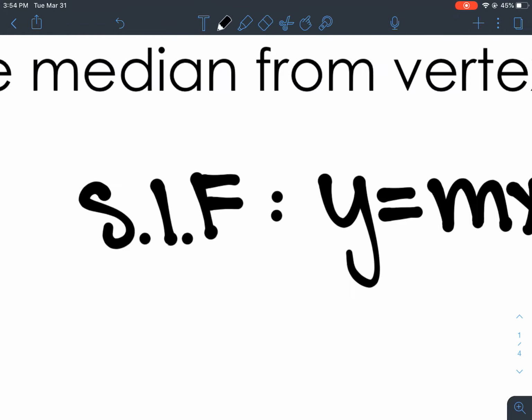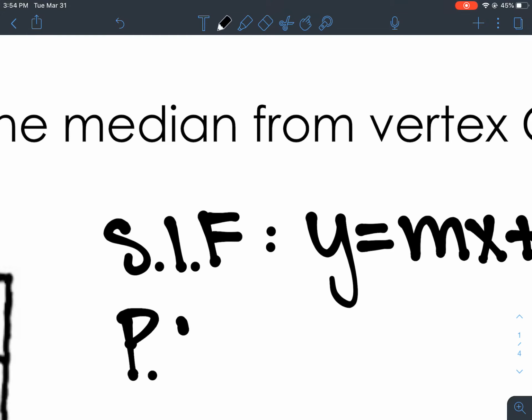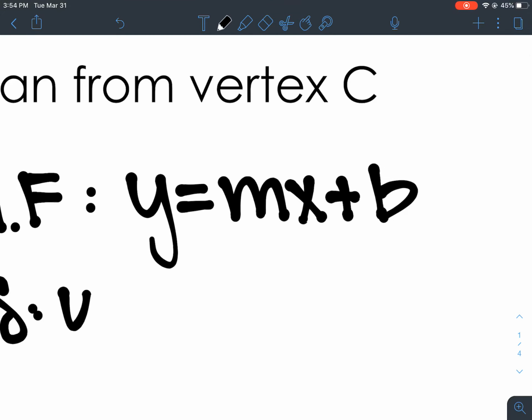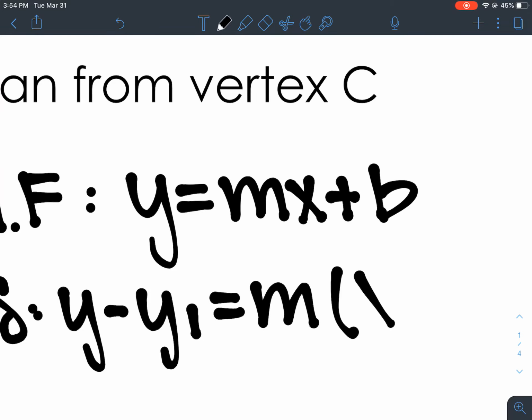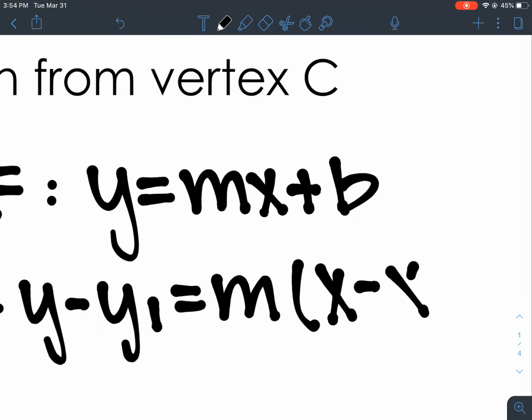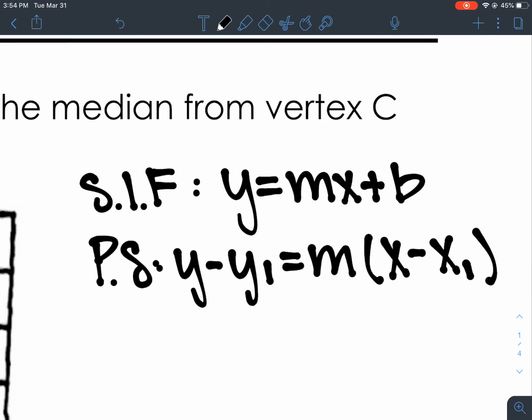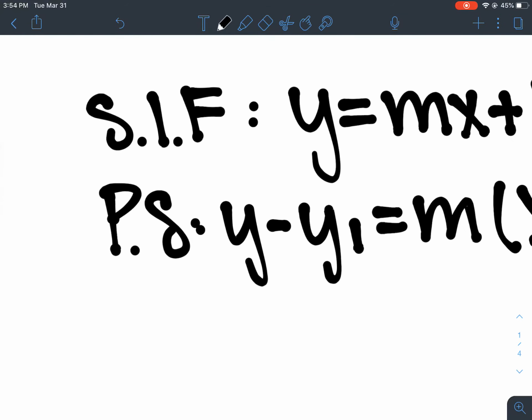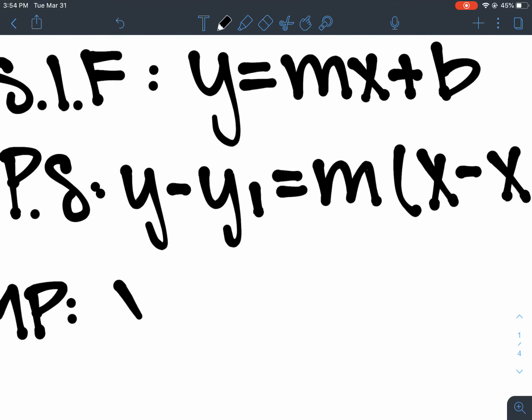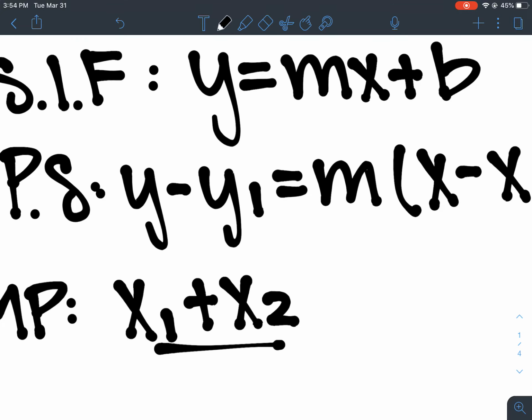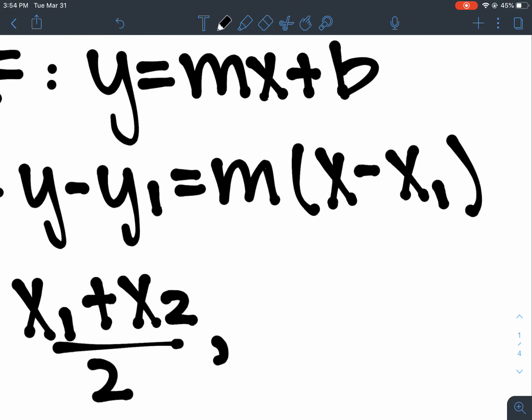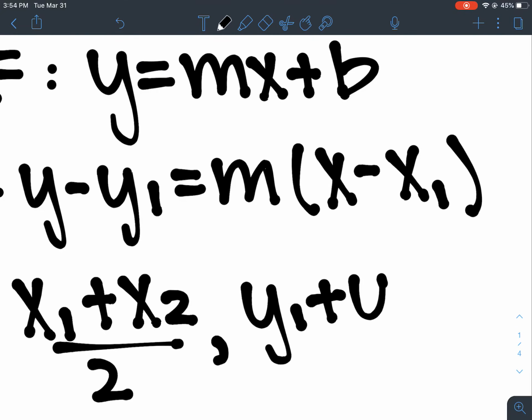Okay. So talking about point slope, my point slope form is y minus y1 is equal to m times x minus x1. Okay. We are going to be using the midpoint formula. We're going to do x1 plus x2 divided by 2, and then y1 plus y2 divided by 2.